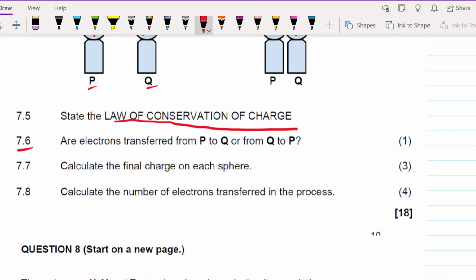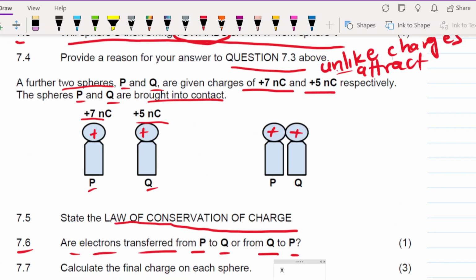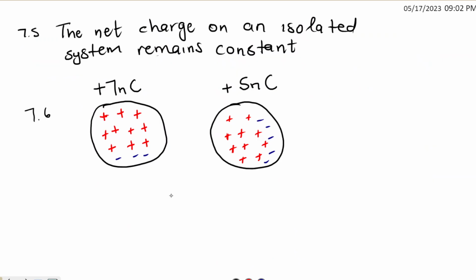So for 7.6, are electrons transferred from P to Q or from Q to P? In order for us to know whether electrons will move from P to Q or from Q to P, we need to make a simple sketch. Imagine you have a charge that has 10 positive particles and 3 negative.